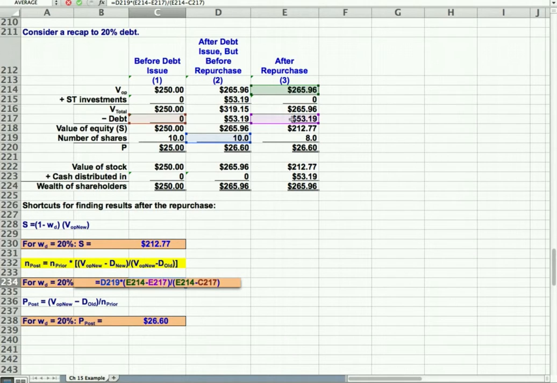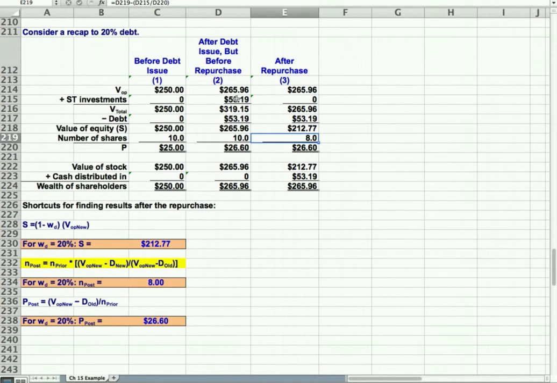So minus that, divided by E214, the operations new minus the old debt, C217. So we didn't have any debt before. So that results in 8. So it's saying after the buyback, we used the debt that we raised, 53.19, to buy back those 2 shares. We bought them back. I have 8 shares left over.